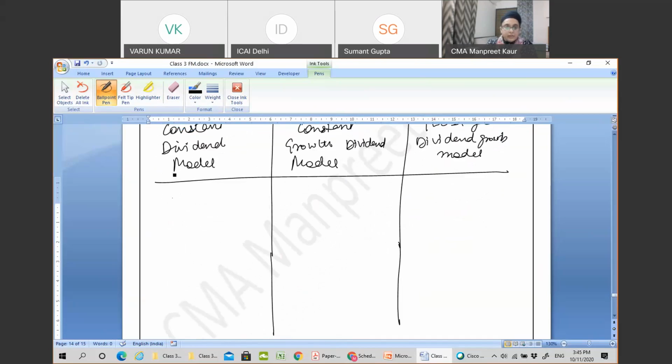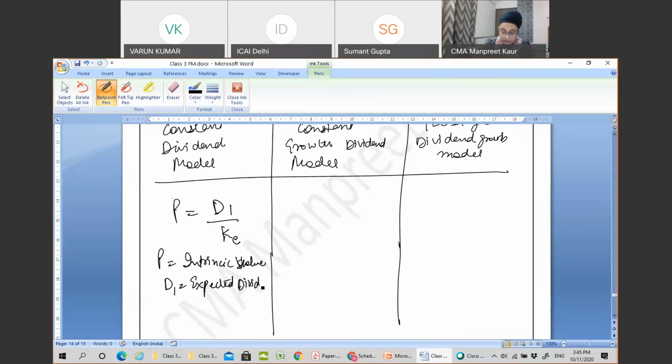In the constant dividend model, the formula is P is equal to D1 upon Ke. P is the intrinsic value of the share, D1 is the expected dividend, and Ke is the appropriate discounting factor.